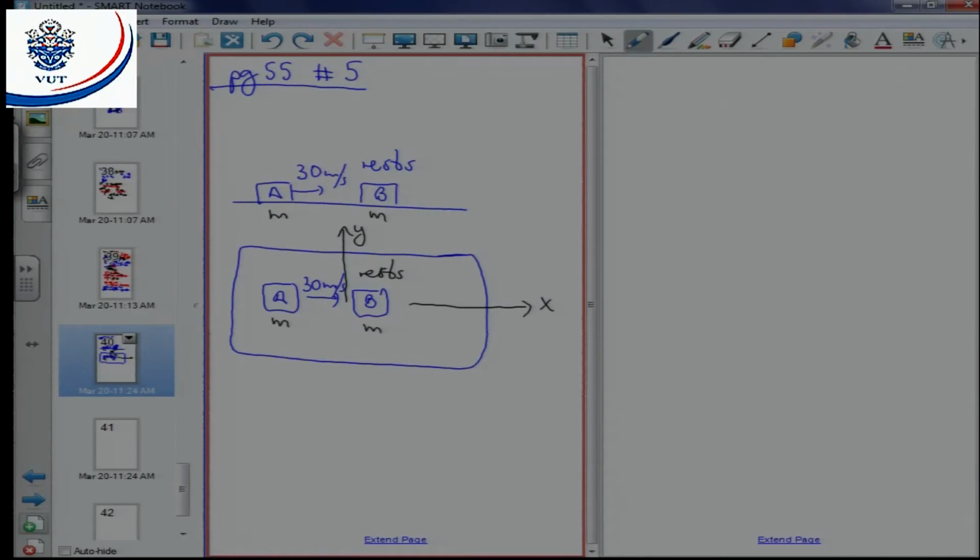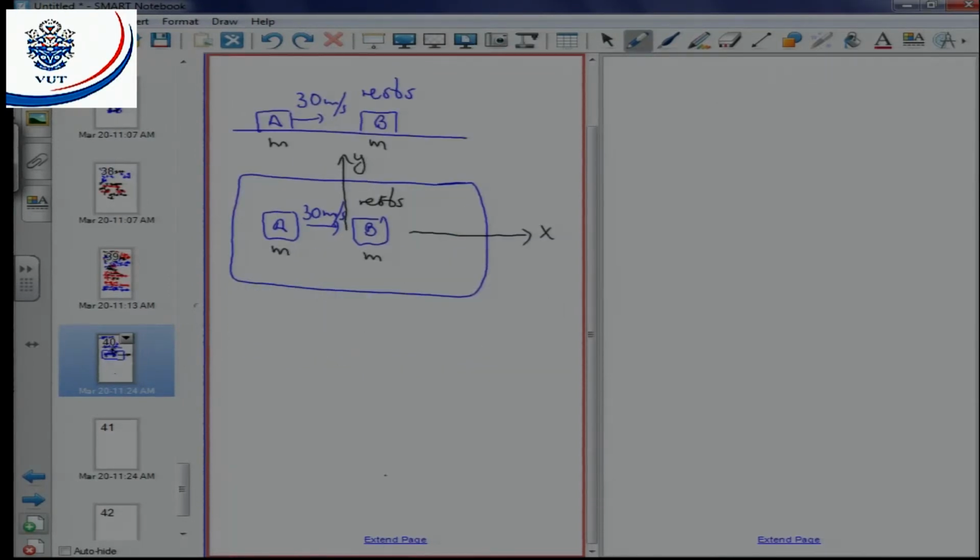Okay, so what happens afterwards? Afterwards we are told that, this was the initial direction of motion for A, one of them goes at an angle, so let's say that is A. A goes at an angle of 30 degrees. Let me just double check to make sure.